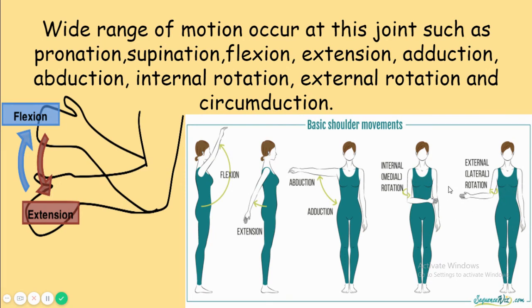Okay, and pronation means the forward movement, and supination means backward movement. And there are external rotation and internal rotation. Internal rotation is also called medial rotation, or rotation of the arm towards the midline, and lateral rotation is also called external rotation, away from the midline.